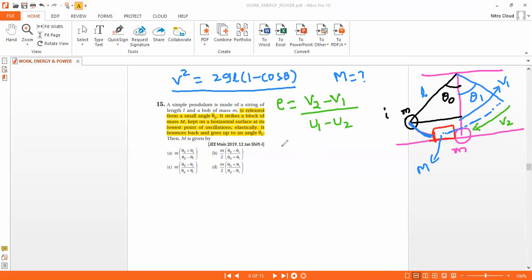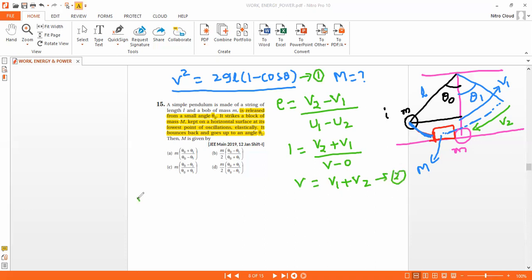So e is equal to 1, since it is an elastic collision. 1 is equal to, it is moving in the opposite direction, so v2 plus v1 by v, as the block is initially at rest, so the initial velocity of the block is 0. So I can write v is equal to v1 plus v2. Let us consider this as equation 1.